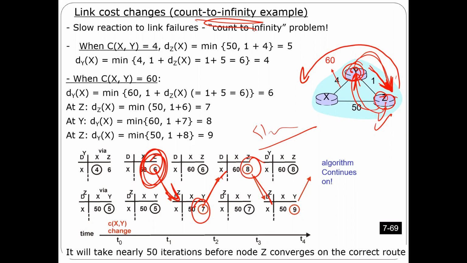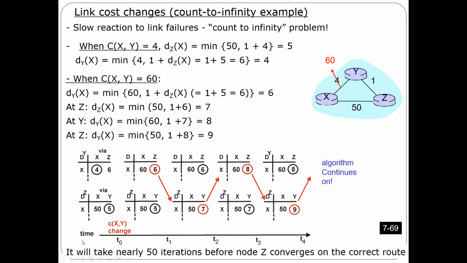So the problem is because of this reversed path. Based on what I explained right now, and this is the basic idea of this protocol, it's going to allow something like that, and this is going to create very slow convergence. It's going to take some time, especially if there is a link failure.